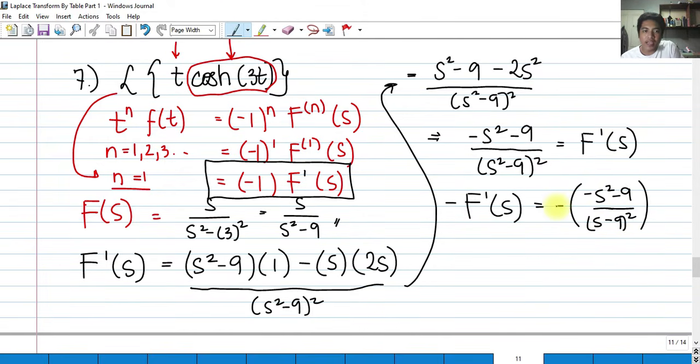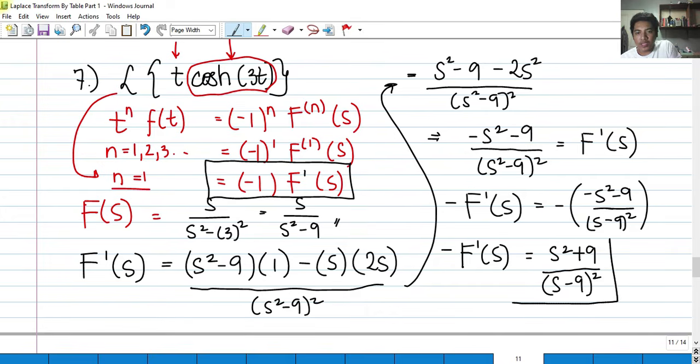Again, this negative is because of the formula, because of this term, negative 1 raised to n, where our n is 1. So this whole term should be multiplied by negative 1. So our answer, negative F prime of s, should be s squared plus 9 over s squared minus 9 squared. So this is the Laplace transform for our problem here.